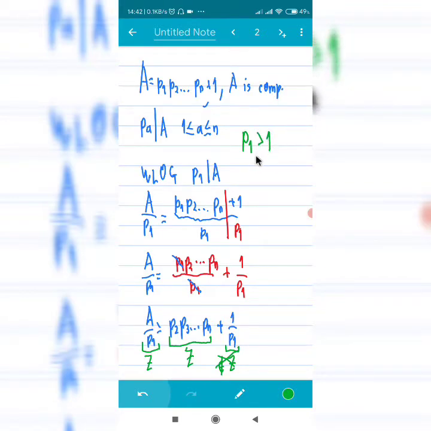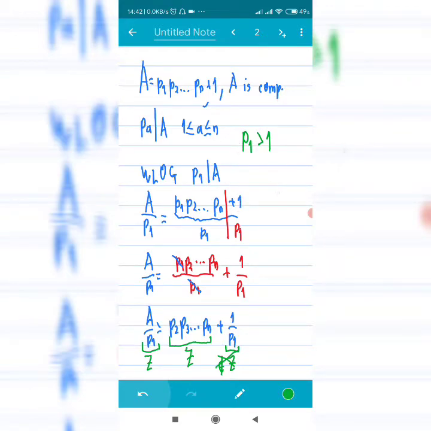If P1 were 1, then P1 would not be a prime, because 1 is not a prime, and a prime cannot be less than 1 either. We define a prime as something that has only 1 and itself as factors. So that defeats the whole purpose.